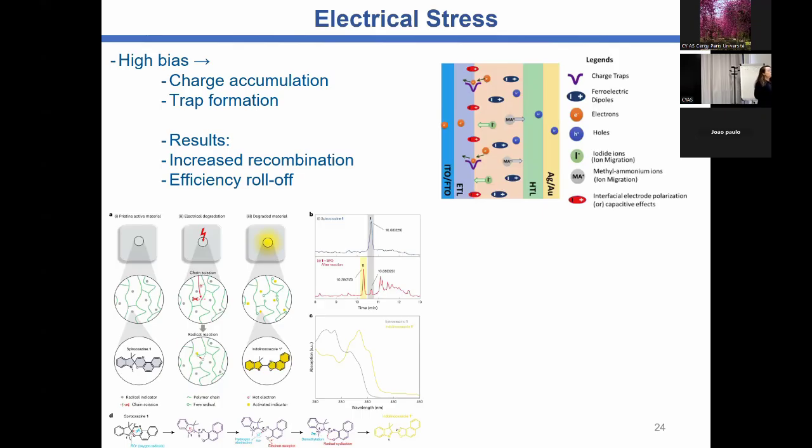So to overcome this high hysteresis, it's quite important to improve the performance of perovskite.